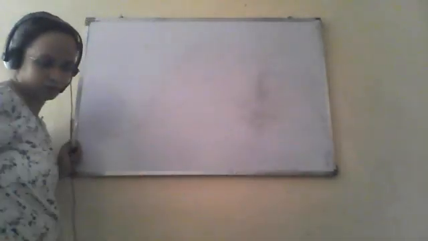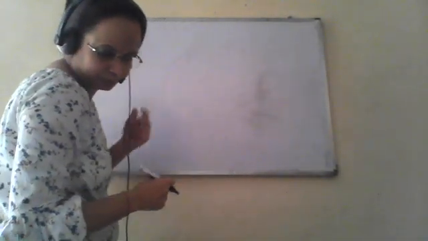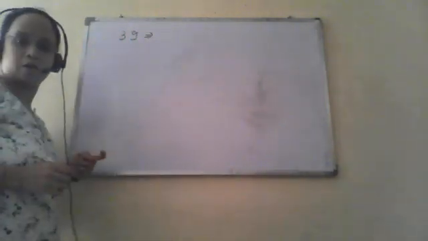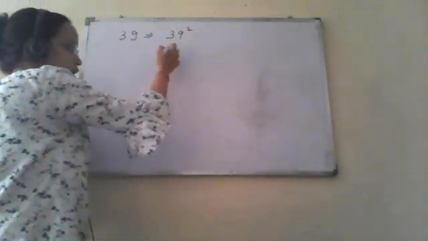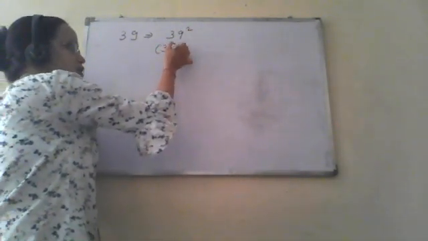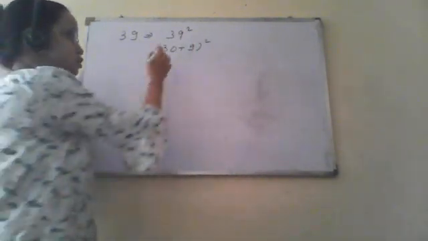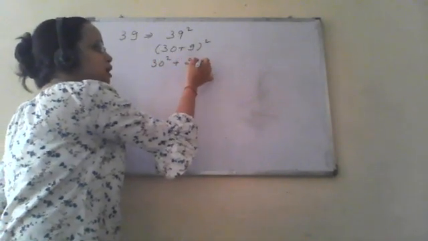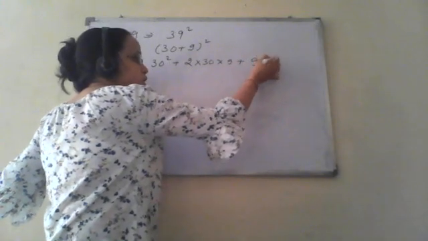One more example. This is 39. So we have to find the square of 39, that is 39 square. This 39 can be written as 30 plus 9 whole square. So this is a square, that is 30 square, plus 2ab, that is 2 into 30 into 9, and this is b square, that is 9 square.